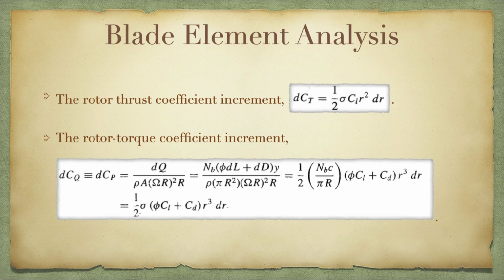Then we discussed the blade element analysis step by step: the resultant velocity, then the angle of attack, then the concept of incremental lift and drag, then the concept of incremental thrust, torque and power. Then on applying the three assumptions, we get incremental thrust, torque and power. Then we discussed the incremental thrust coefficient, torque and power coefficient.